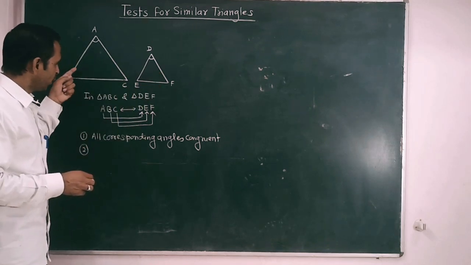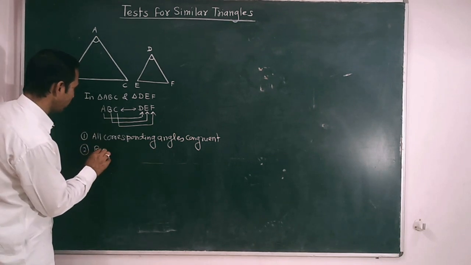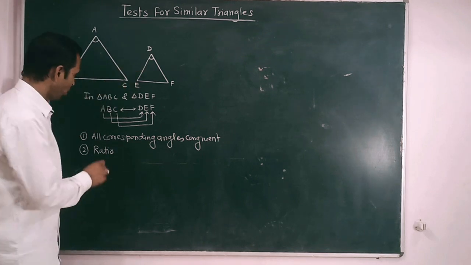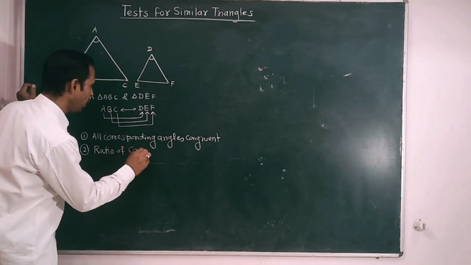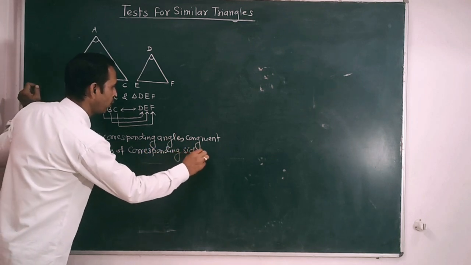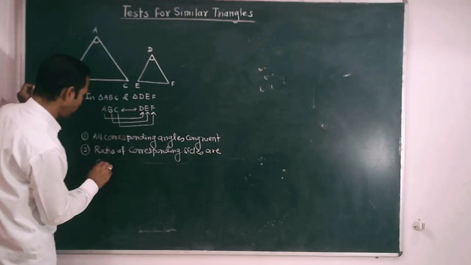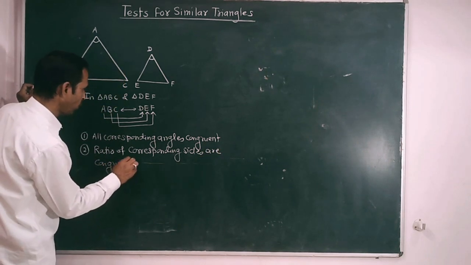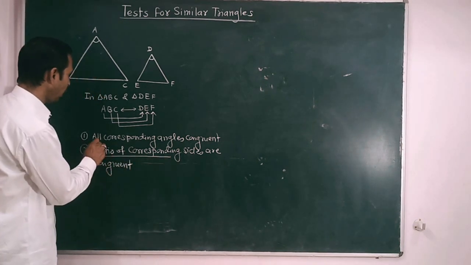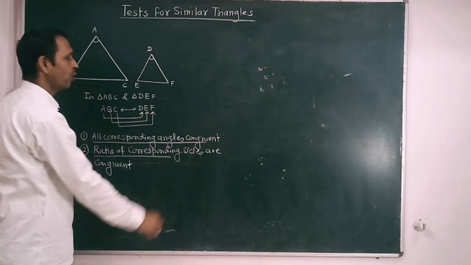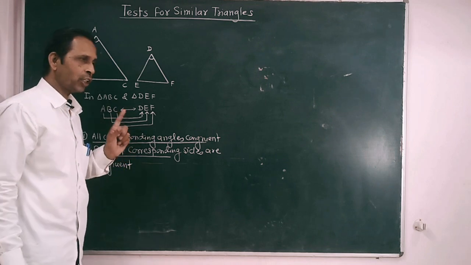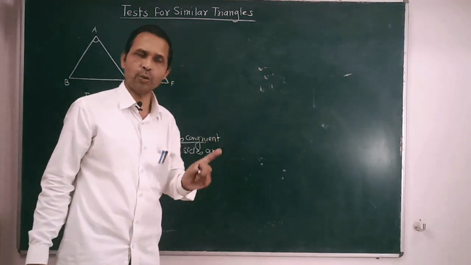So the ratios of corresponding sides, AB upon DE, BC upon EF, and AC upon DF, are equal, and all the corresponding angles are congruent. These are the two important conditions we have to show for the given two triangles to be similar.